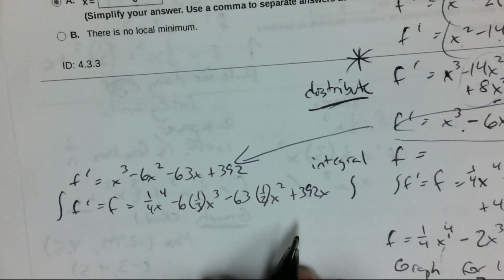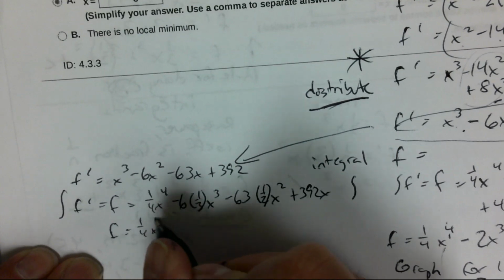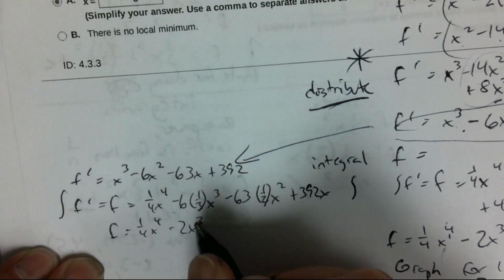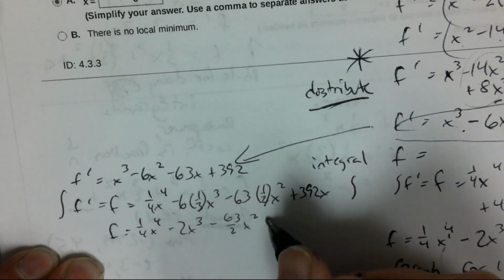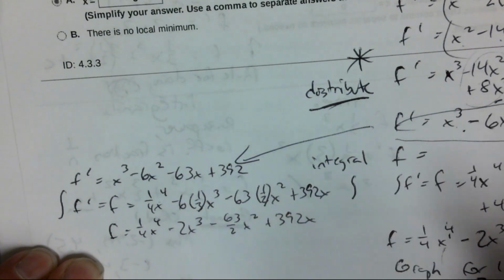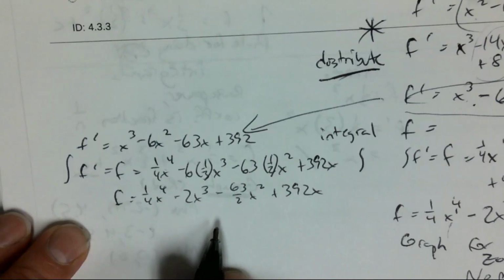So now we need to simplify that. So we get 1/4 x to the 4th minus 2x cubed minus 63 halves x squared plus 392x. So that's the one we really need to graph.